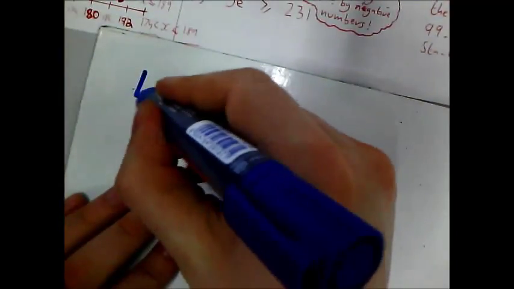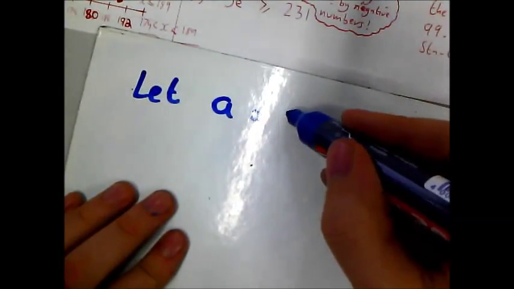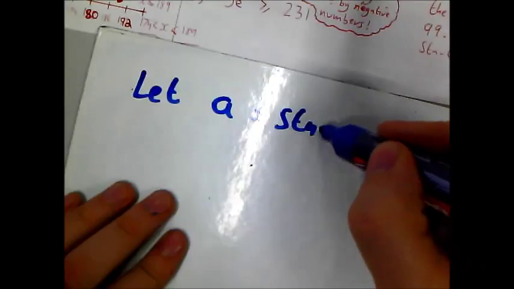Now on to the penultimate question. This one's a worded one. So 6 is added to a number. So first I'm going to let a equal starting number. Always tell the person what your letters are.